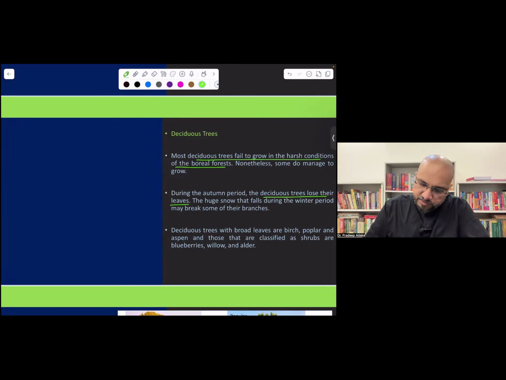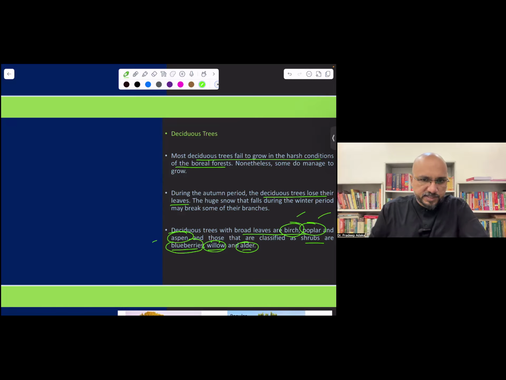Deciduous trees with broad leaves are birch, poplar, and aspen, and those classified as shrubs are blueberries, willow, and alder. So you have trees and shrubs. Shrubs are blueberries, willow, and alder, and trees are birch, poplar, and aspen.